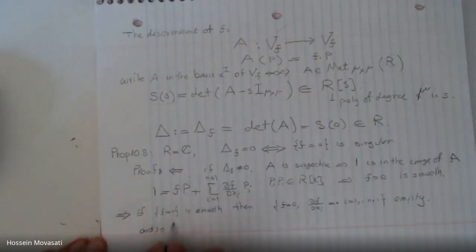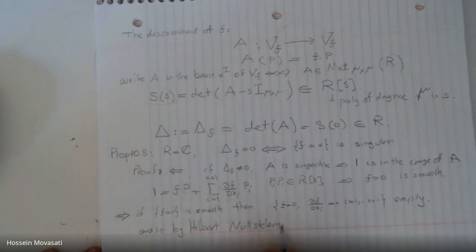So by Hilbert Nullstellensatz, what we have then is that 1 belongs to this ideal.